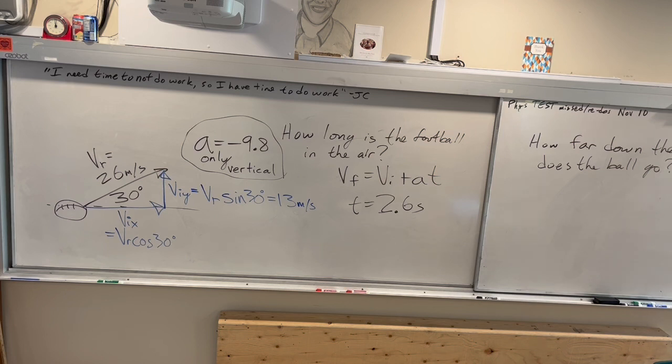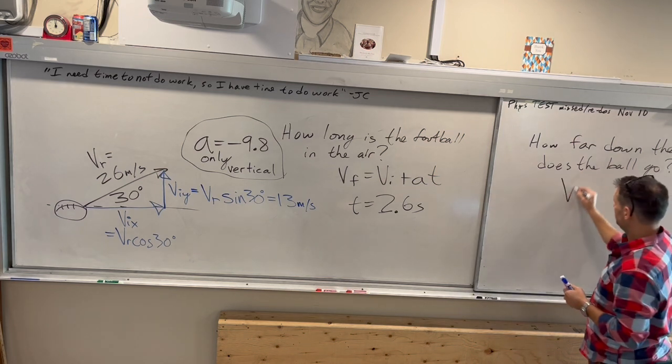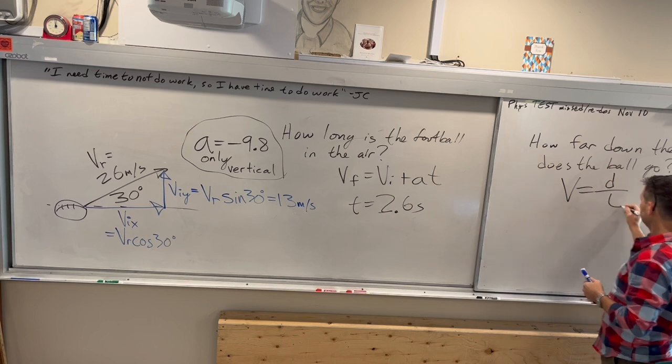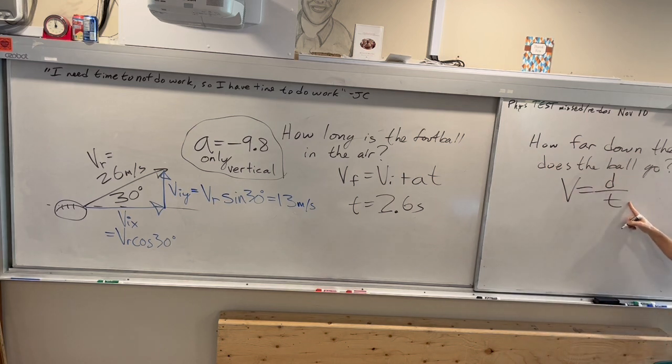What you're going to end up with is this: if you have 0 acceleration, it's just v equals d over t. So what do you want to solve for in this case? D. And we want d in the x direction, and that's going to equal vt, but which v? Vx, right? The horizontal.